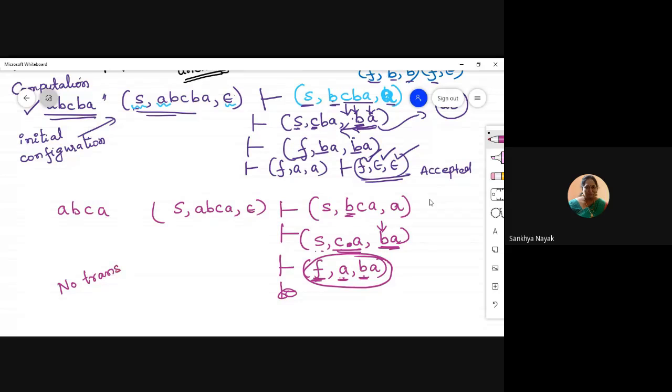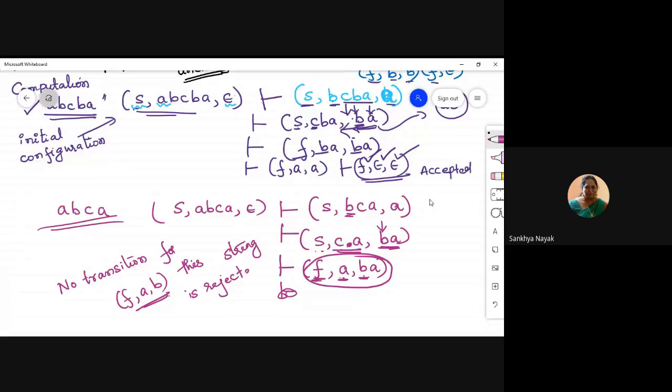Since we have no transition for F, A comma B in our designed PDA, this particular configuration or this string is rejected.